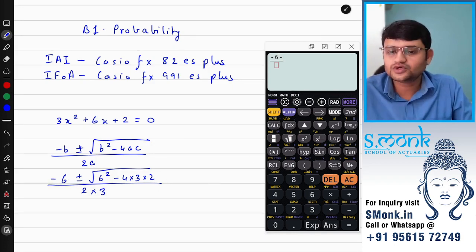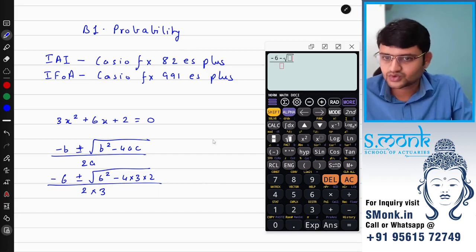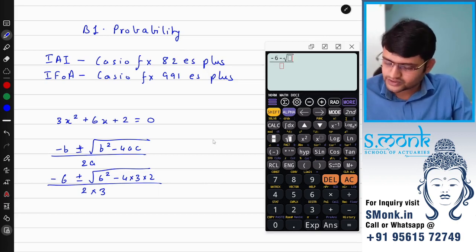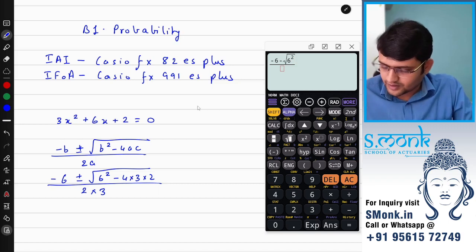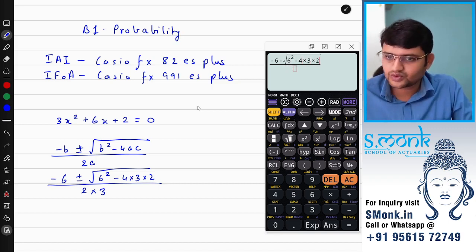And I want root. This is the root. Now 6 square. So 6, and you can see the square button here. If I wanted any other power, I would use this and substitute the power. So right now 6 square minus 4 into 3 into 2.